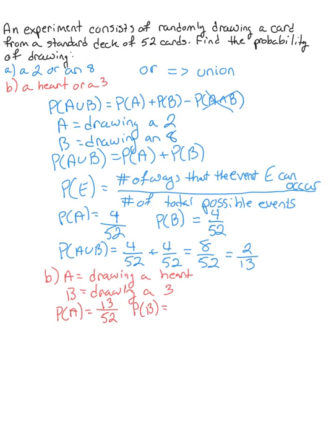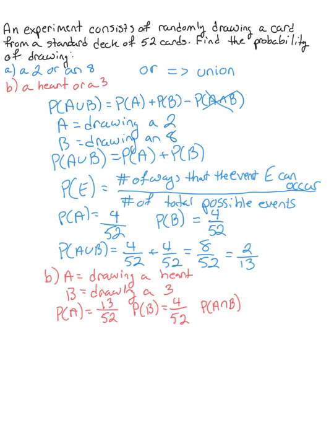There are 4 threes in the deck and 52 cards in the deck. Now, for the probability of A and B, drawing one card, what is the probability of drawing both a heart and a 3? This upside-down union sign is the intersection sign, and that represents "and."